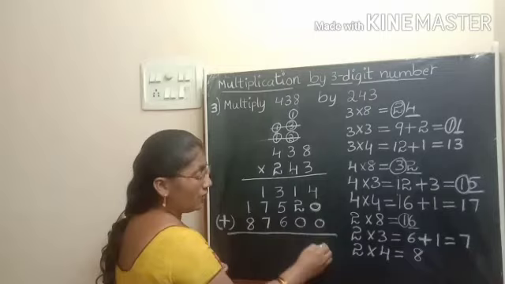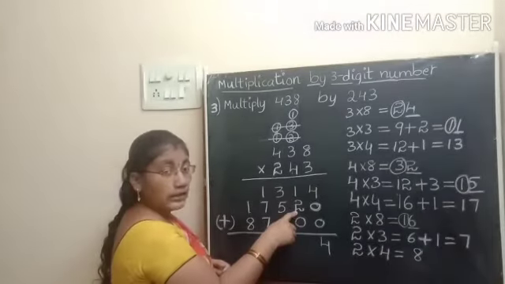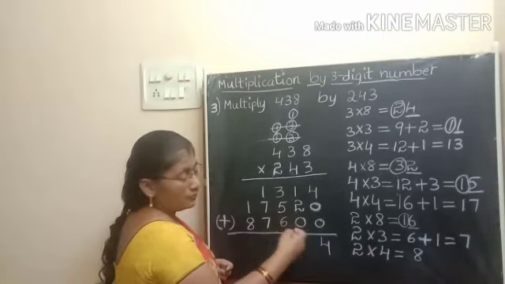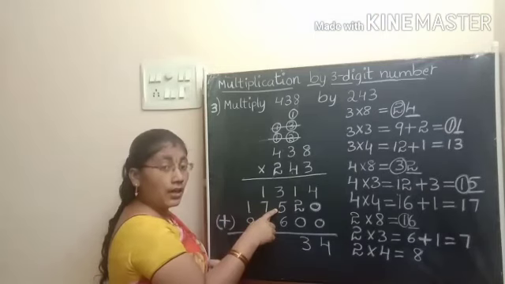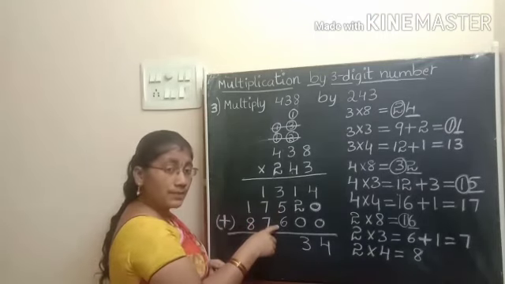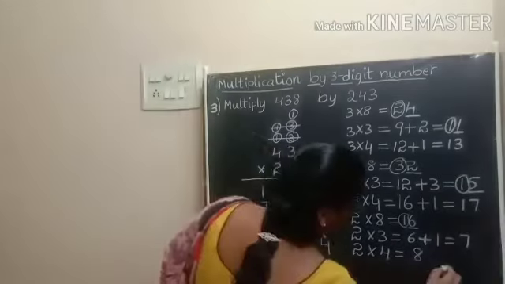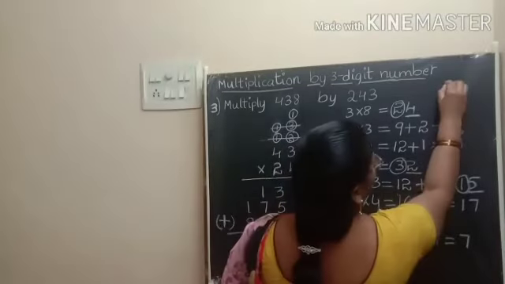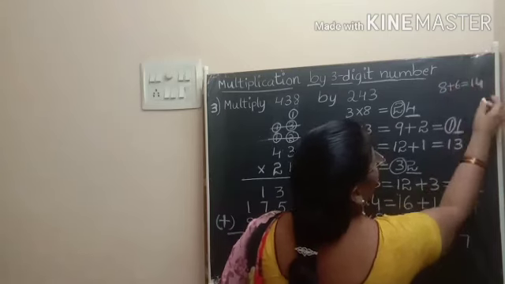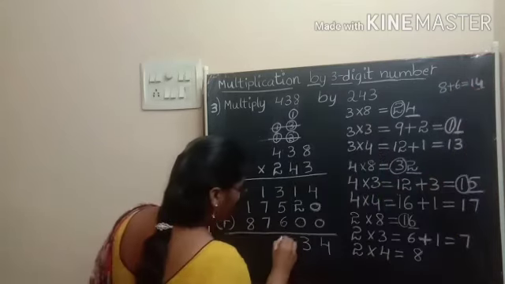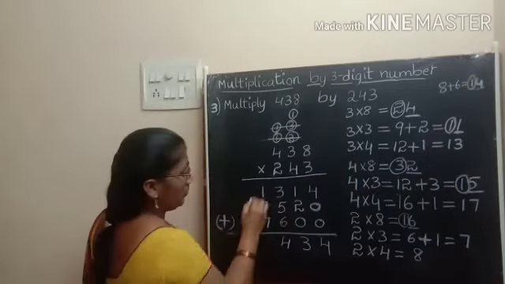And 4 plus 0, again 4. 1 plus 2, 3. 3 plus 0, 3 only. 3 plus 5, 8. 8 plus 6, I am writing here 8 plus 6 is equal to 14. We have to write 4 as result and this 1 as carry in the next place.